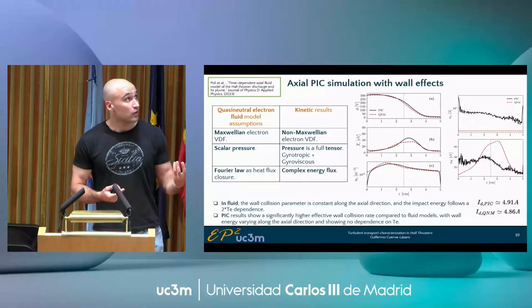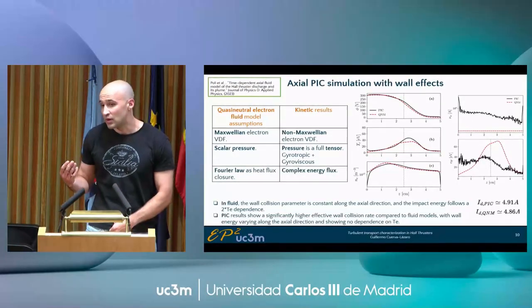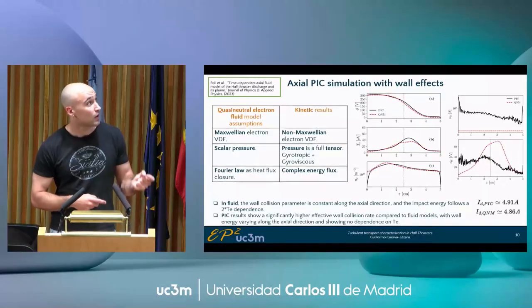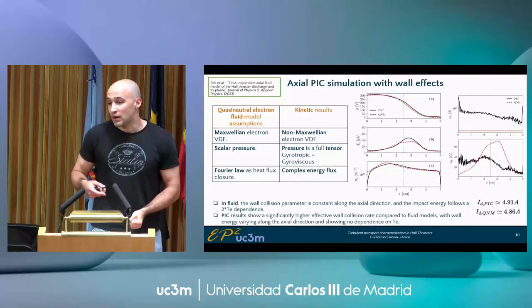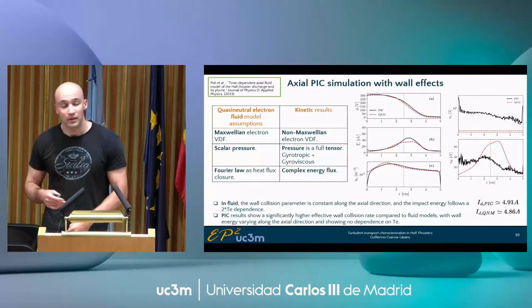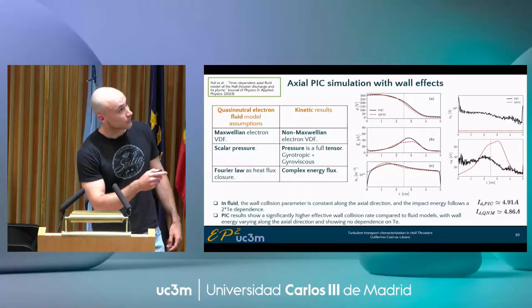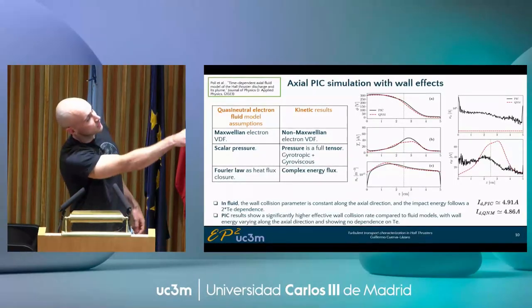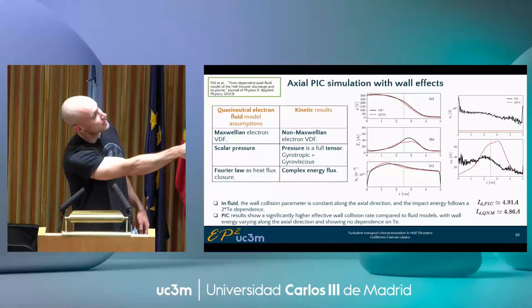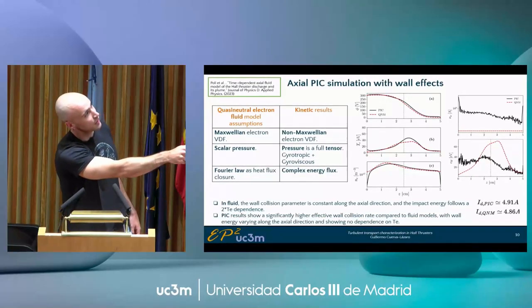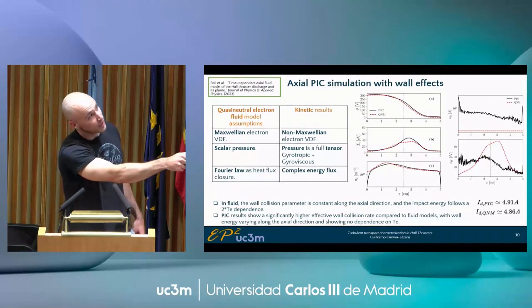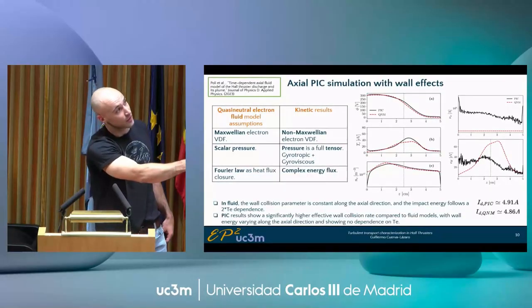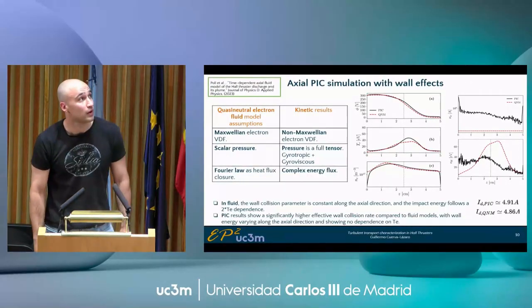Also, the 1D fluid model from Davide Poli, in the quasi-neutral one, has an empirical collision parameter, which depends on the temperature of the electrons. And when you compute that wall parameter in the PIC, which is this graph here, you see that the wall parameter for the PIC is way bigger and evolves, compared to the constant value of the fluid.